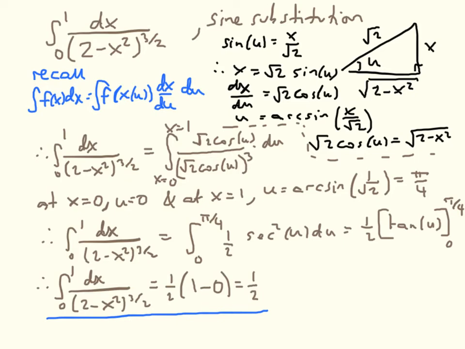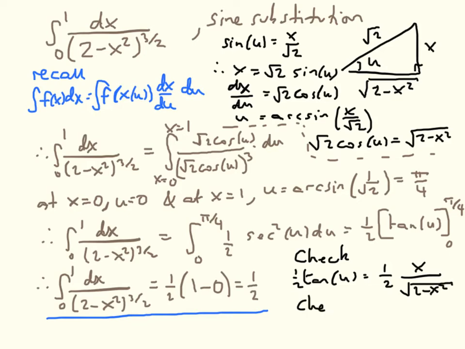If we want to check it a bit more carefully, what we could also do is the following. You can check by writing that half the tangent of u, let's not forget the half factor in front, from looking at our triangle here, x over root 2 minus x squared is the tangent, so we have 1/2 x over root 2 minus x squared, and we can check this by differentiation.